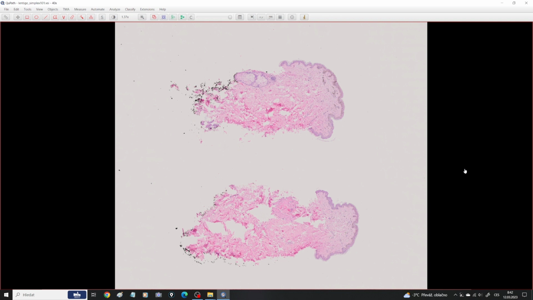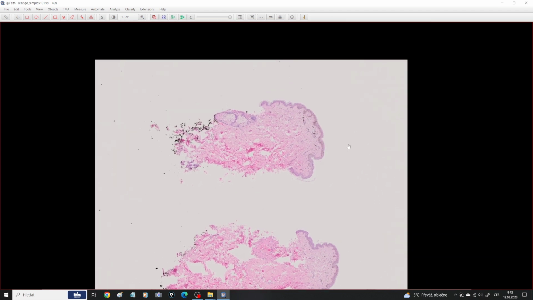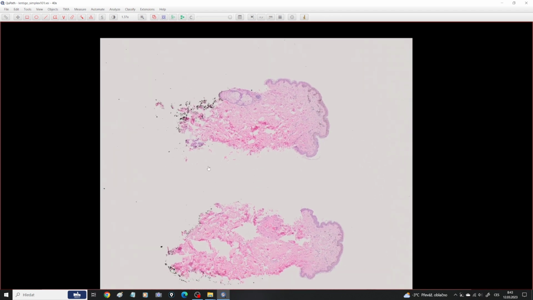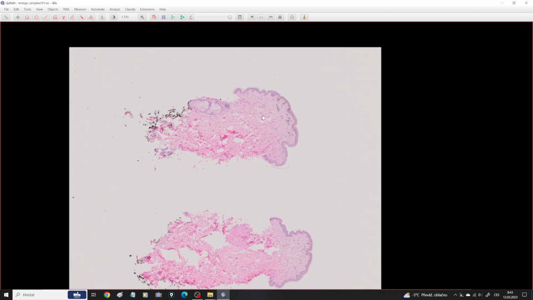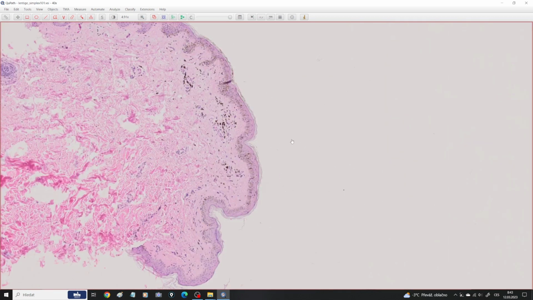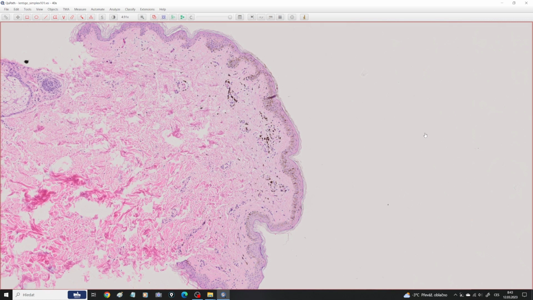So the first case we have here is a lentigo simplex. What is it? So here you can see the skin excision. There is an epidermis and dermis, and something happens in the middle of the excision. Lentigo simplex is a lesion that can be found especially in sun-exposed areas of the skin.